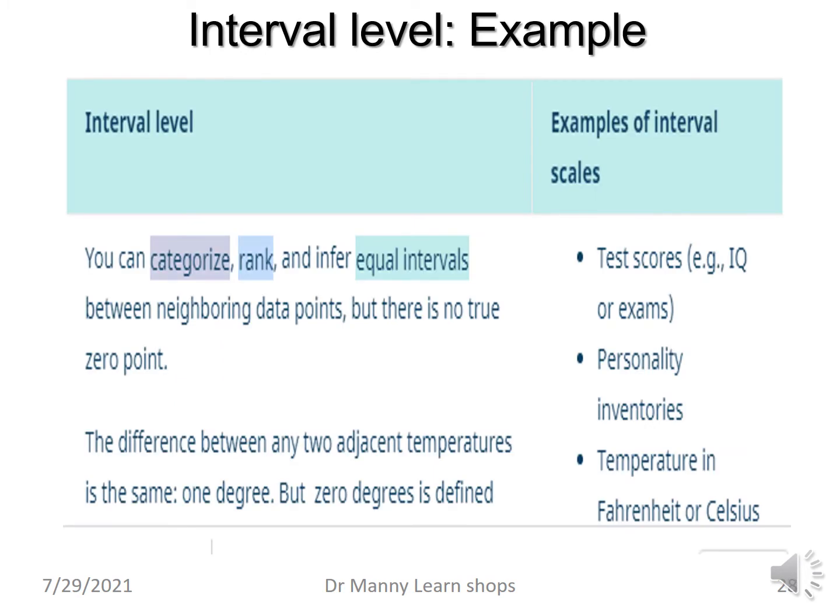Then you've got an interval level, and this is when you can categorize, rank, and infer equal intervals between neighboring data points, but there's no true 0 point. The difference between any two adjacent temperatures is the same, for example, 1 degree, but 0 degrees is arbitrarily defined. So examples of an interval scale would be test scores, such as IQ, exams, personality inventories, temperature in Fahrenheit or Celsius.